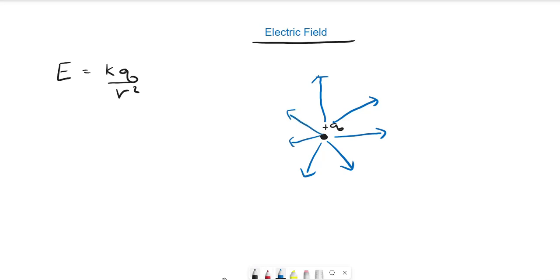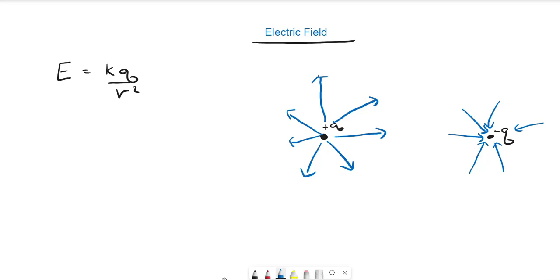And if you have just a negative charge, then the electric field lines go in the opposite direction, toward the charge itself. Now, this is what it would look like if it is not near any other charges.